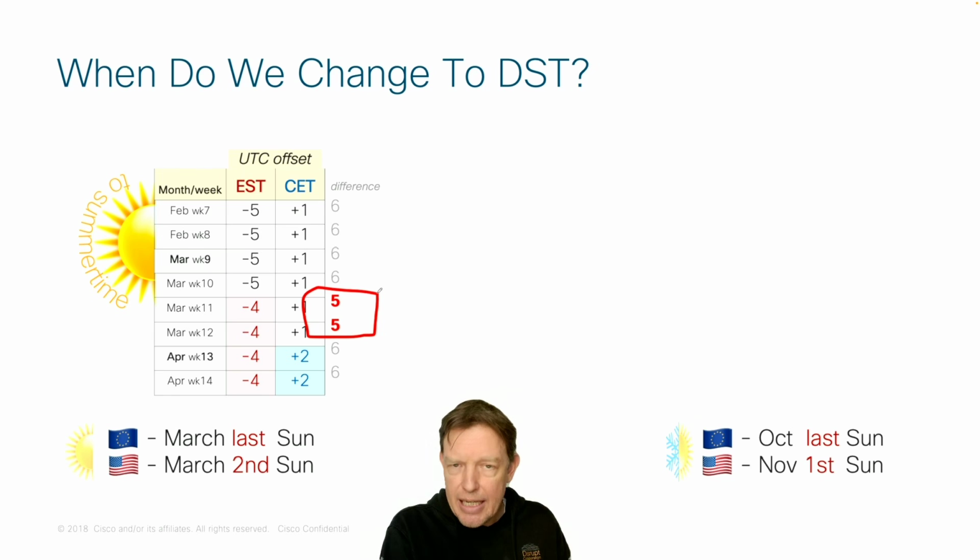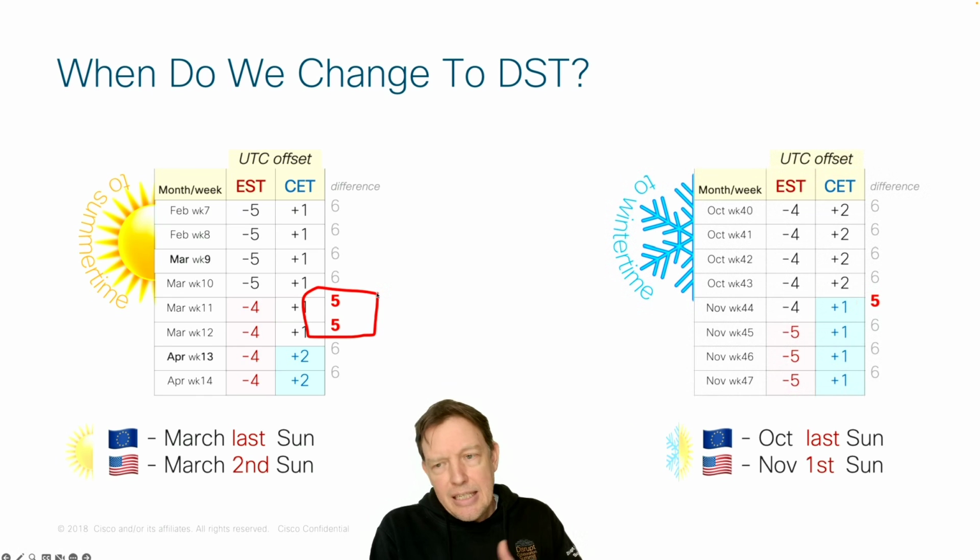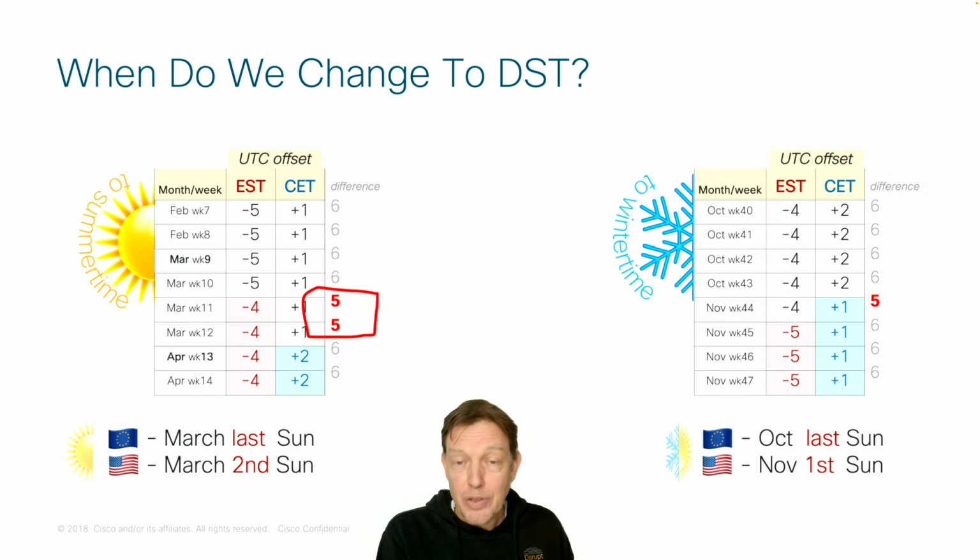And that means between EST and CET, we go back from 6 hours to 5 hours. When Europe changes to summertime, that goes back to 6 hours. Same thing in the winter. There's 1 week where Europe switches to wintertime earlier, and we have 1 week with an hour less time difference between the US and Europe.